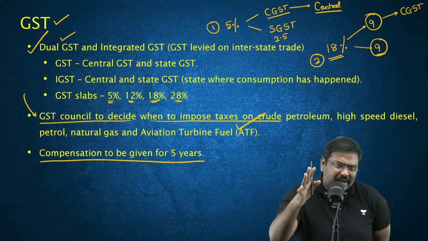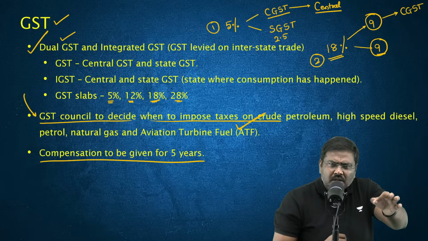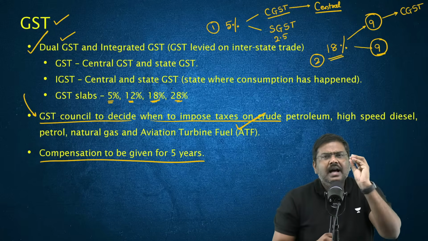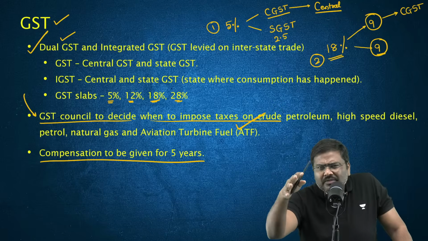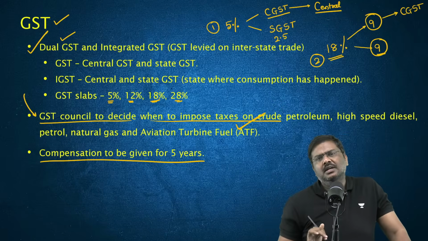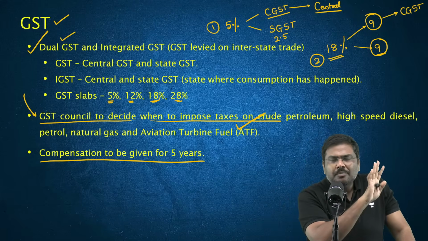So the government of India simply said, once the GST comes into force, from the date of enforcement, 5 years, I will give you compensation. I will compensate any kind of revenue loss that you are going to incur. And by the way, there was a mathematical formula given by the government.